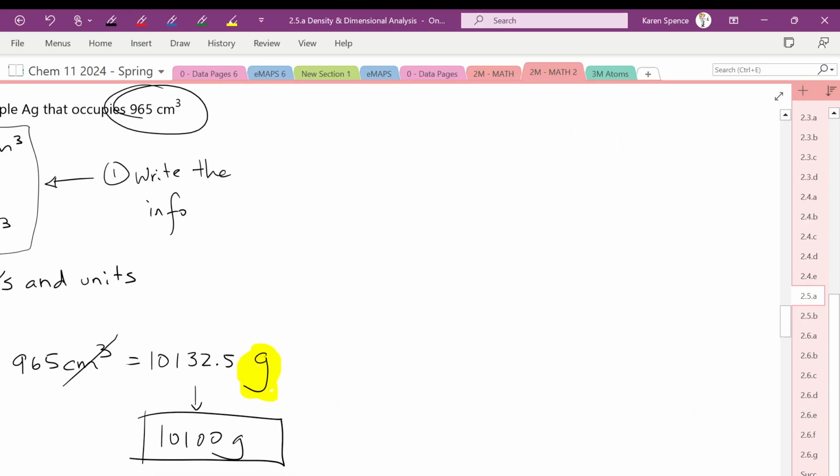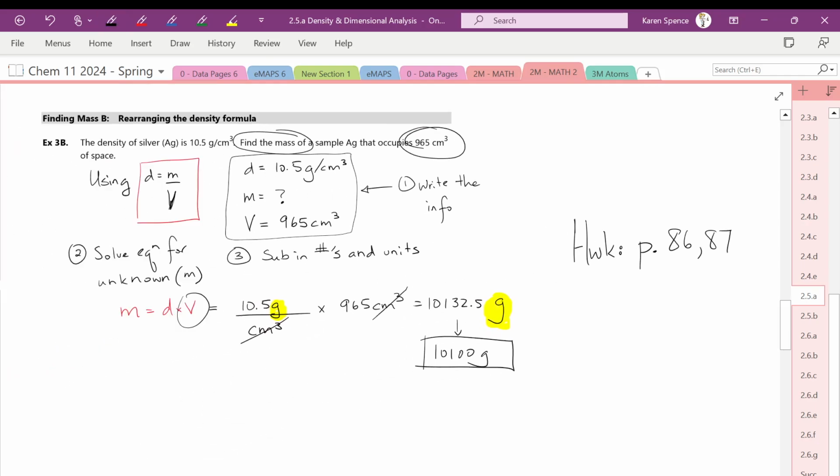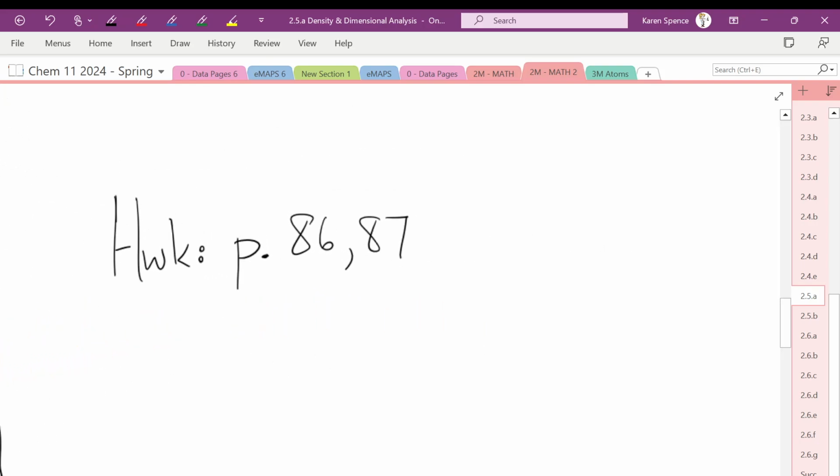Homework. Page 86, 87. But I also want you to make sure you are ready for your quiz tomorrow. So if you prefer, you can do every other question. Do you know what I mean? Just so it's not so much.